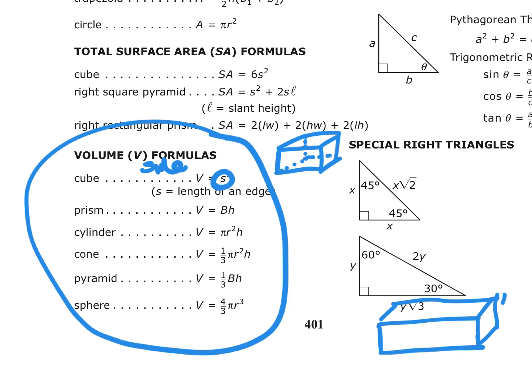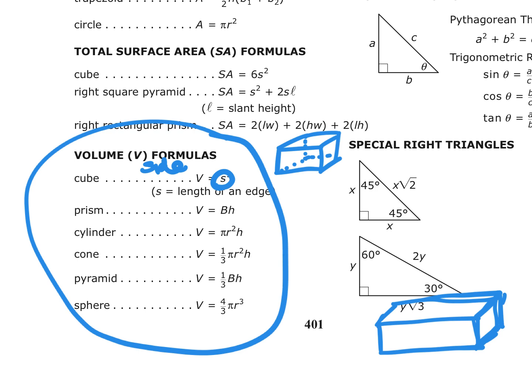But a rectangular prism is going to look like this box, a rectangular box that you've seen, I'm sure, if you yourself or someone in your home has ordered something from Amazon. That's a rectangular prism.